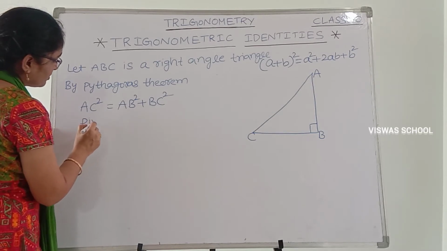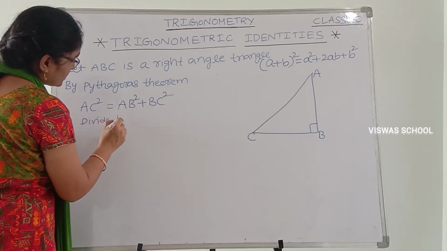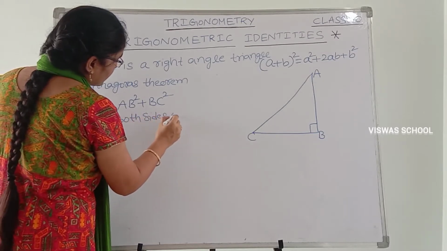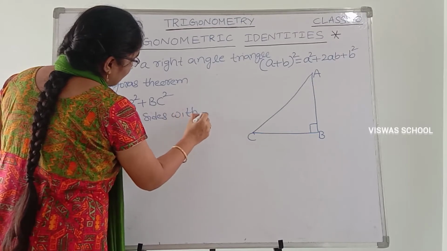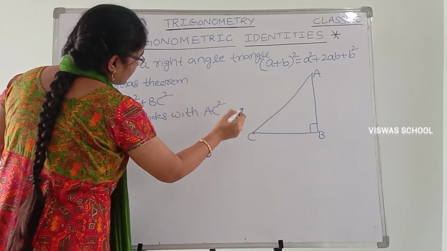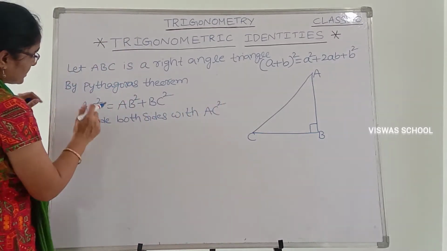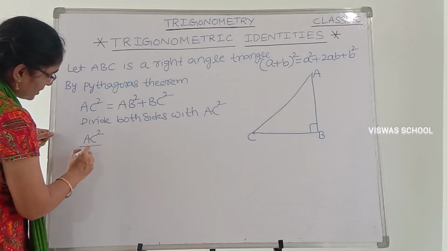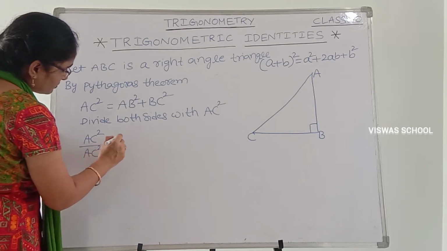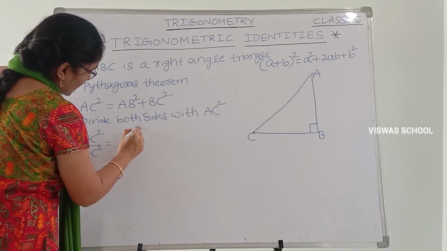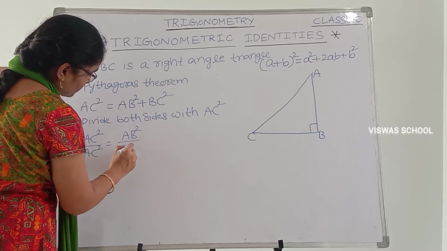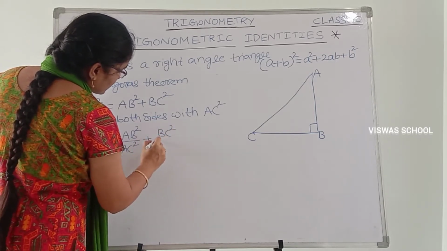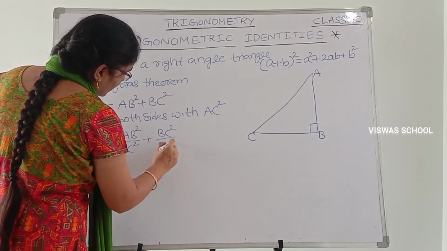Divide both sides with AC square. That is AC square by AC square equals AB square by AC square plus BC square by AC square.